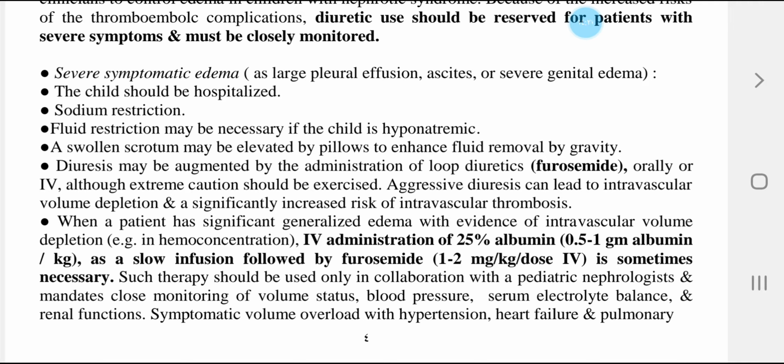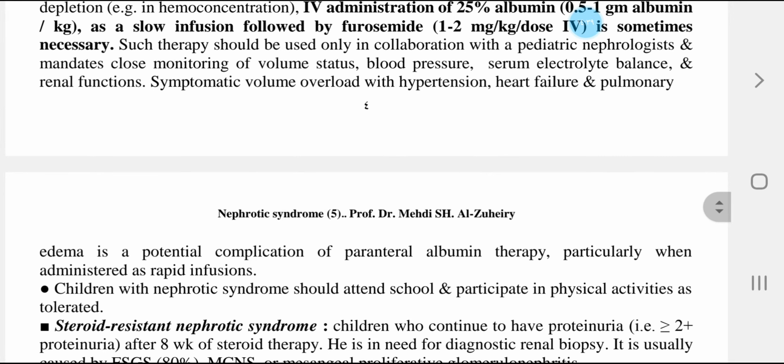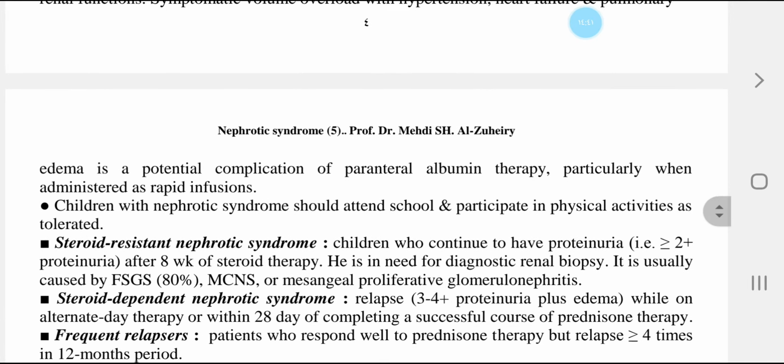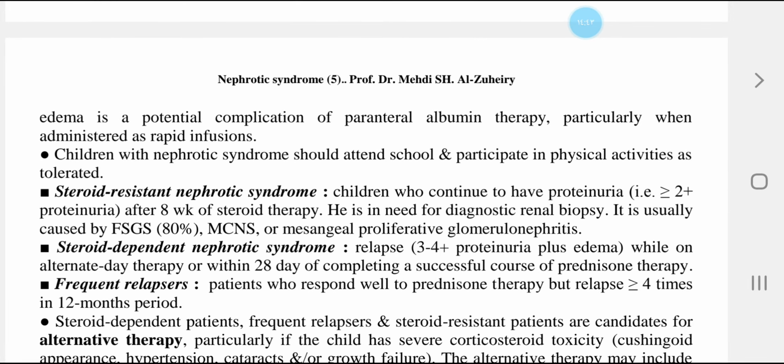Such therapy should be used only in collaboration with the pediatric nephrologists and mandates close monitoring of volume status, blood pressure, serum electrolyte balance, and renal function. Symptomatic volume overload with hypertension, heart failure, and pulmonary edema is a potential complication of parenteral albumin therapy, particularly when administered as a rapid infusion.